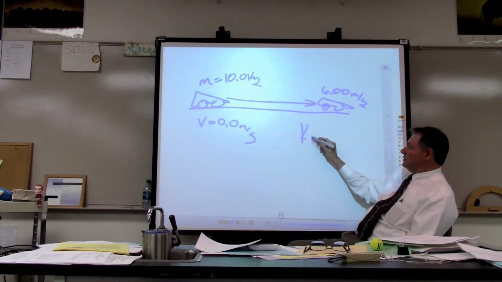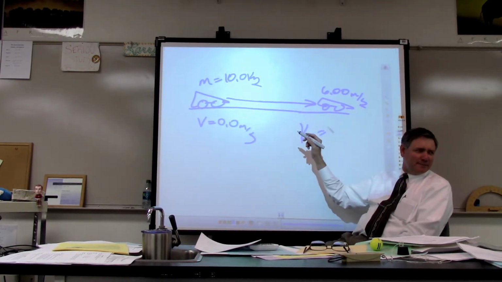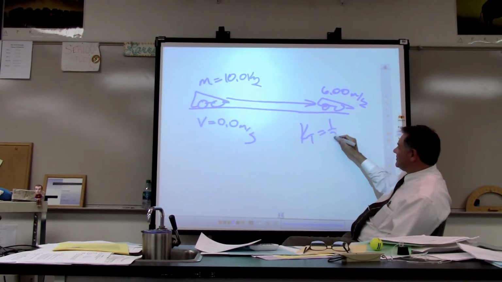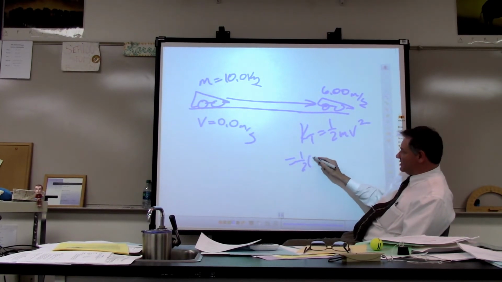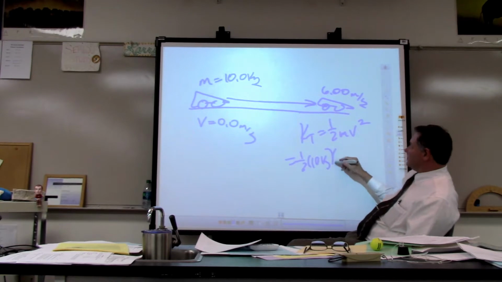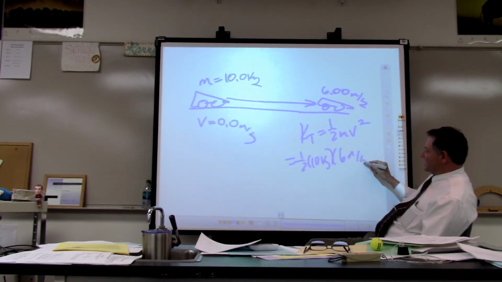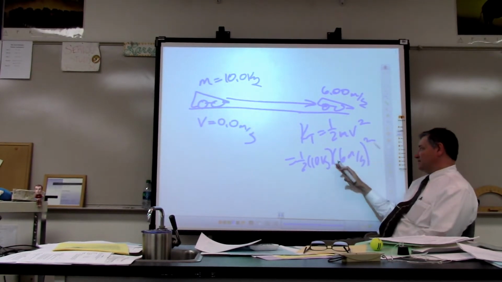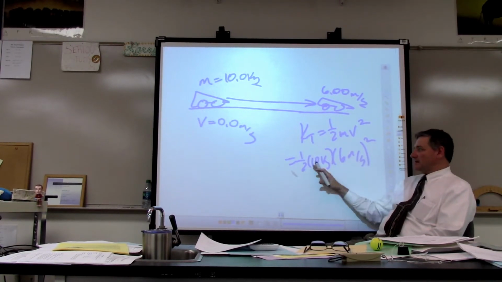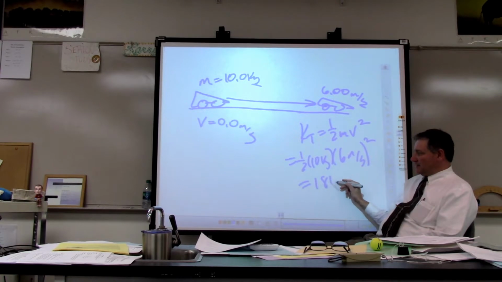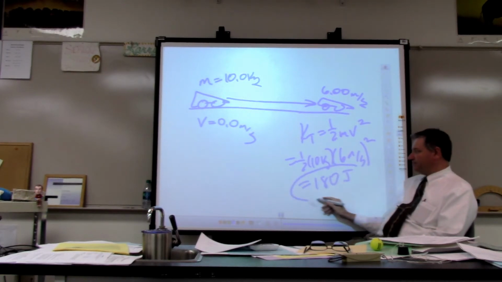Half mv squared, so 1/2 times 10 kilograms times 6 meters per second squared. You always use the final velocity. 6 squared is 36, half of 36 is 18, 18 times 10, I get 180 joules of energy.